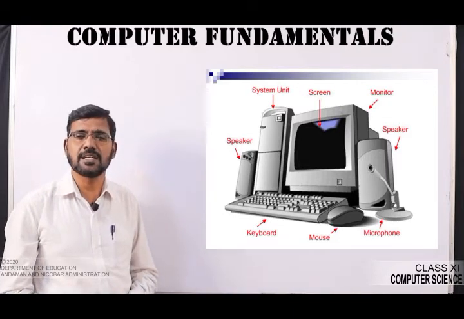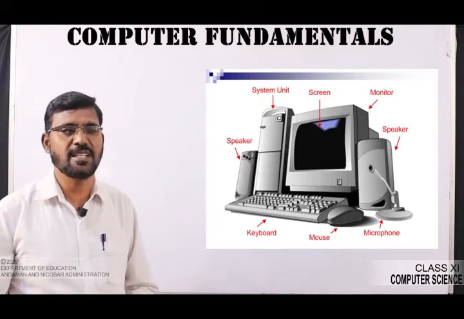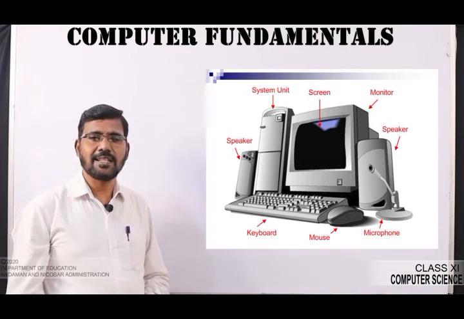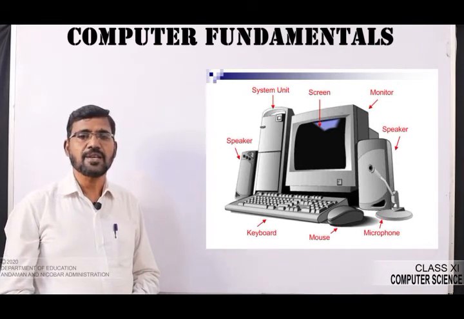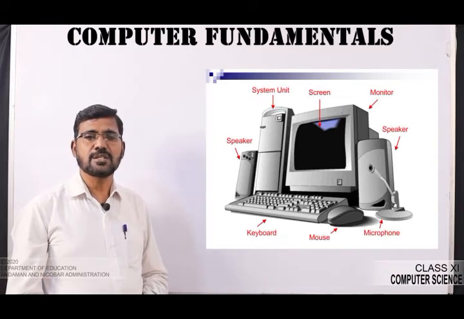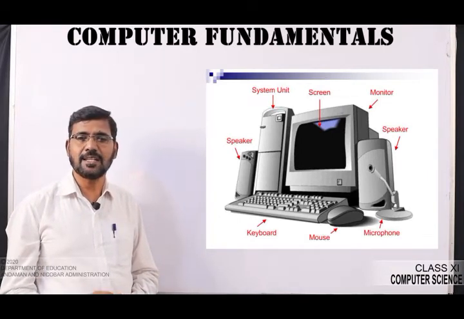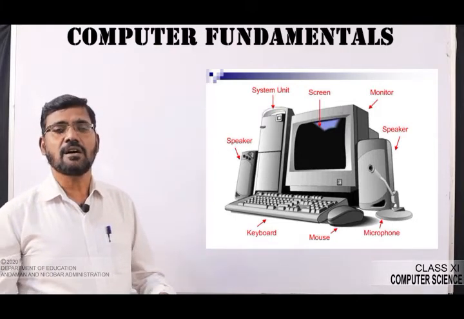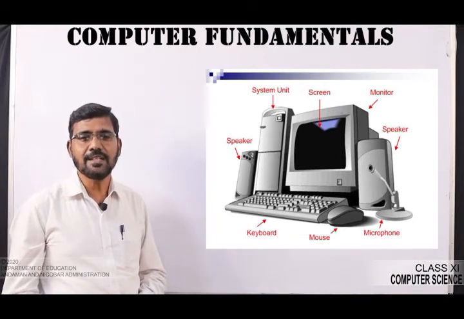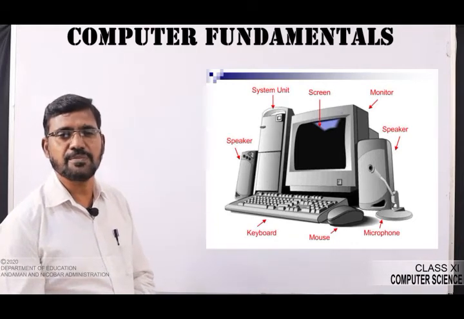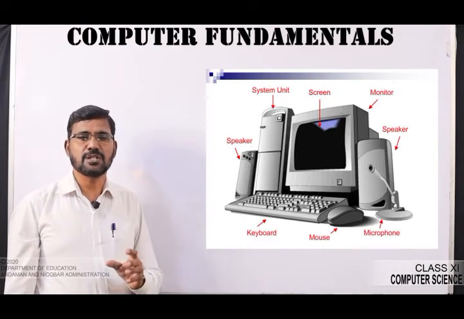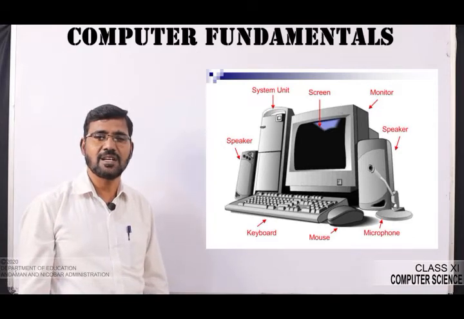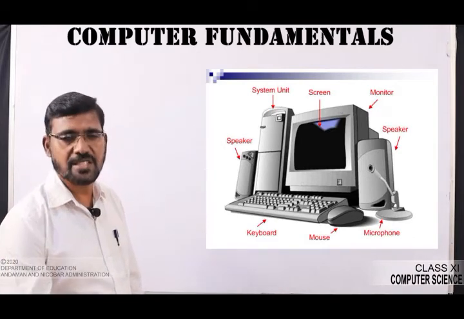Earlier it was a CRT monitor, but nowadays you can't see CRT monitors; everywhere you are familiar with LED or LCD monitors. The system unit, CPU, speaker, monitor, microphone, mouse and keyboard are the hardware parts, connected together, and finally it is called the personal computer system. The basic hardware of a PC requires a central processing unit, memory unit, input device, output device and secondary storage device.